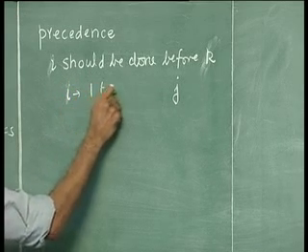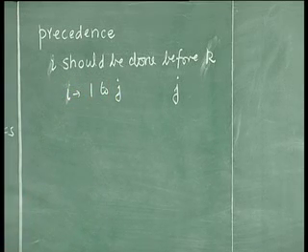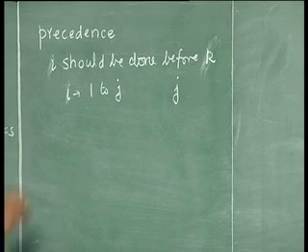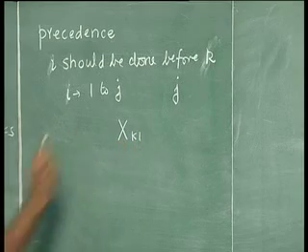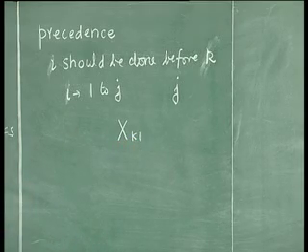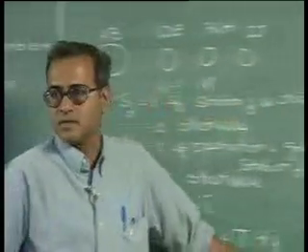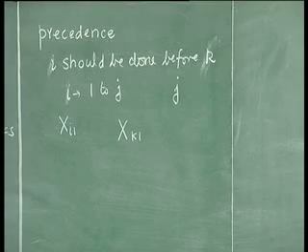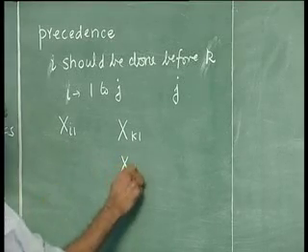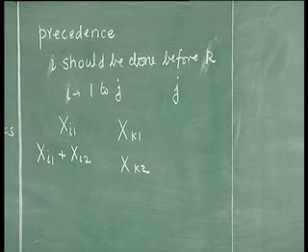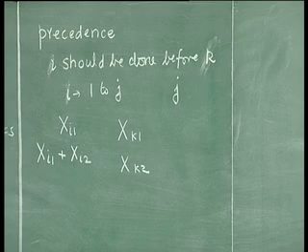I will go anything from 1 to j, and that has to be modeled. So if we assume that X_k1 is 1, then i should definitely go to 1. So there will be an X_i1. If X_k2 is 1, then X_i1 plus X_i2 should be 1, okay, that is the idea.